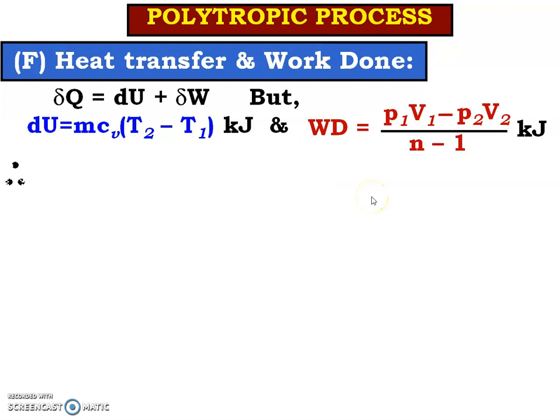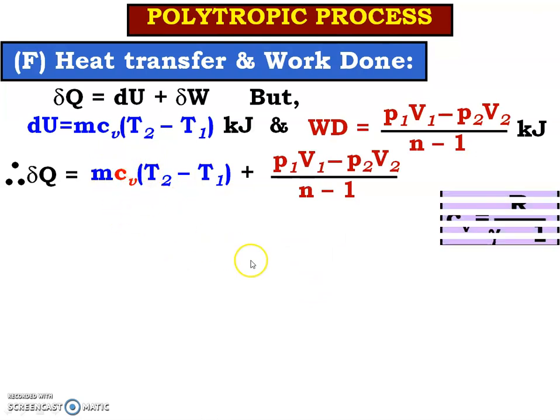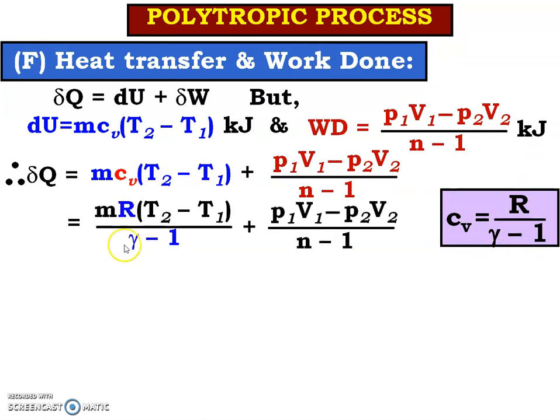Substituting these two values. Now putting the value of CV, again we can use this equation. CV is equal to R upon gamma minus 1. So here the value is M into R upon gamma minus 1, (T2 minus T1), plus (P1 V1 minus P2 V2) divided by n minus 1.